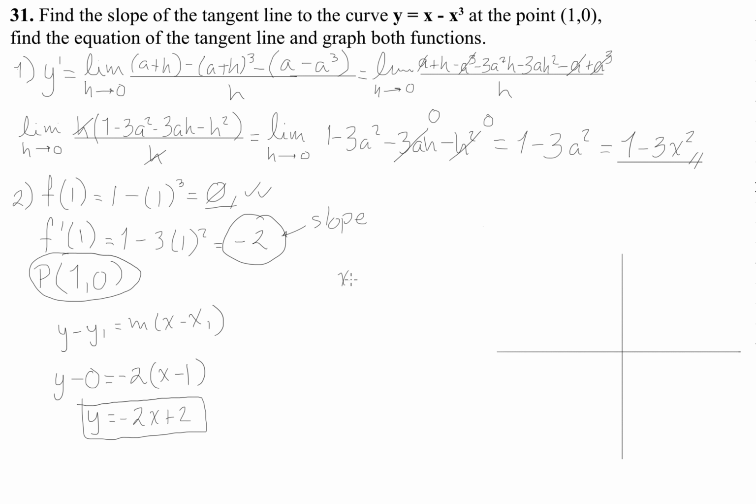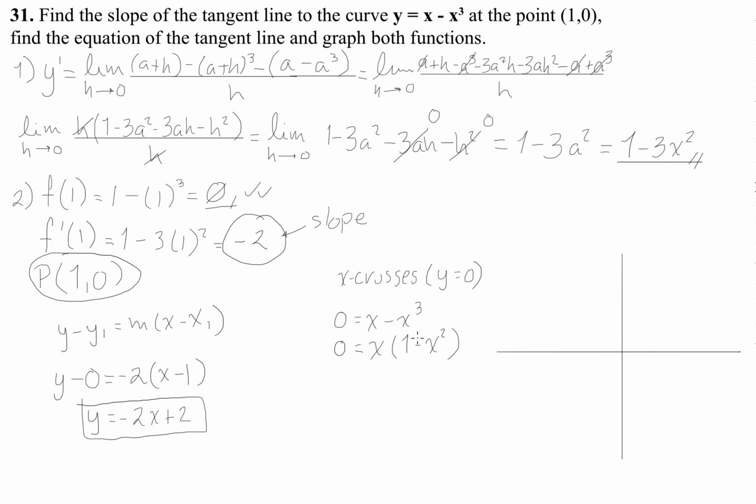For the x-crosses, remember that y is equal to 0. So 0 is equal to x minus x to the third. Now we can factor out a common factor, x times 1 minus x to the second power.